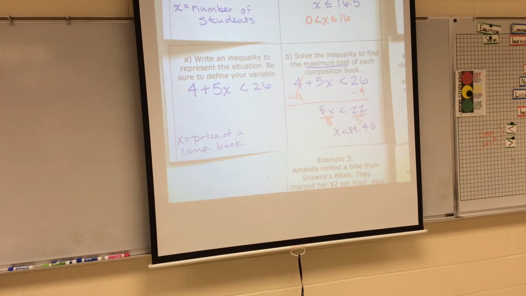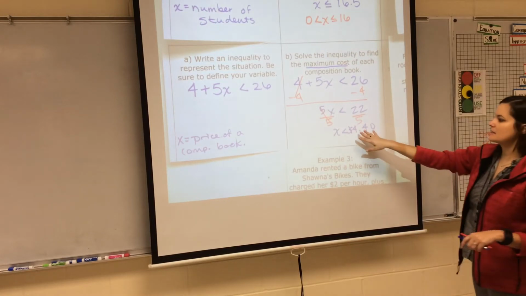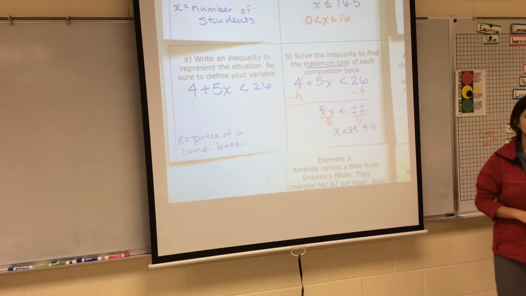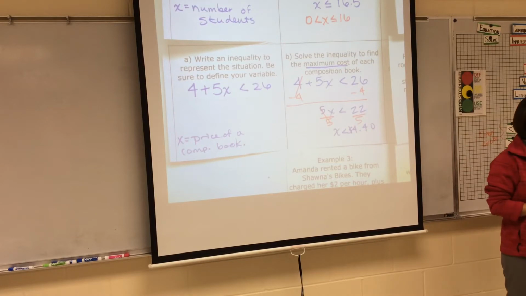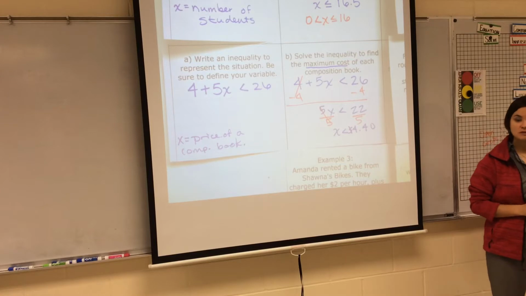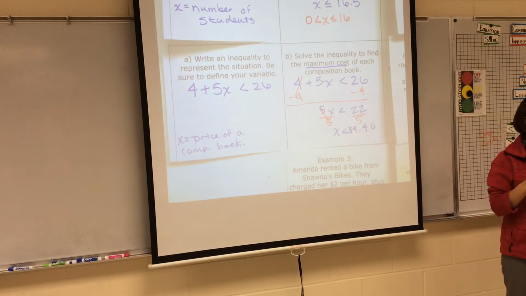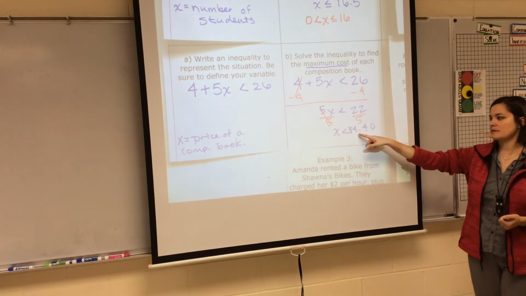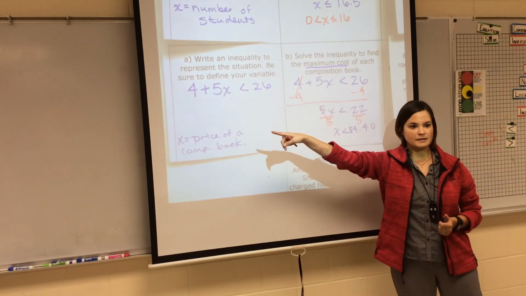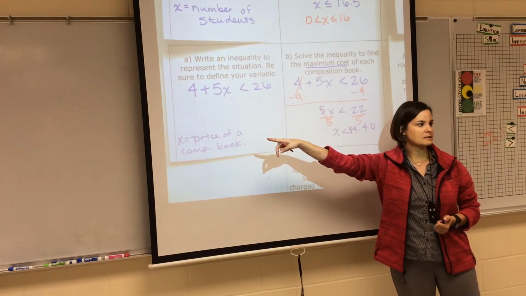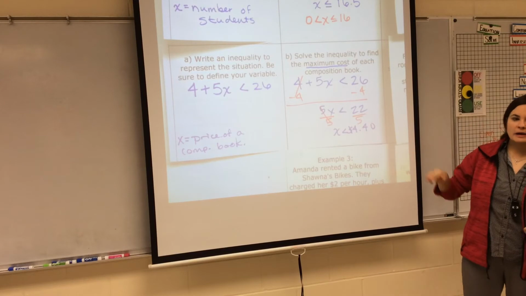All right. So again, I want us to think about the reasonableness of the solution. Does it make sense that a composition notebook would cost less than $4.40? Does that make sense? Yeah? All right. So if we keep going down, because that means x is to the left, right? It's everything below $4.40. Where would I stop?